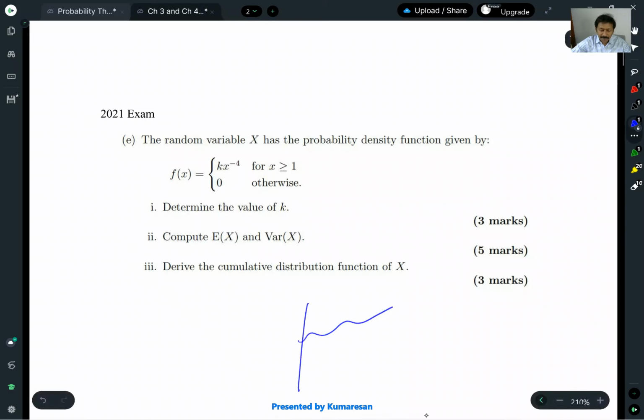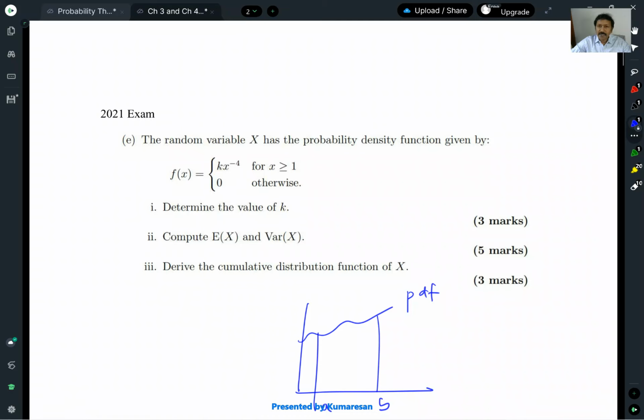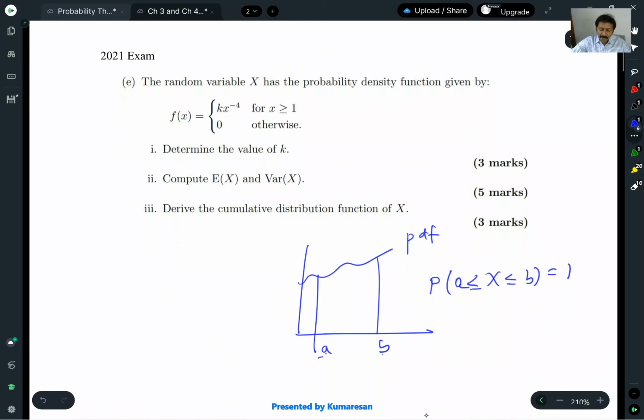Suppose this is the probability density function, PDF, that you are given, which is defined between a and b. The function, which is used to find the probability, is defined between a and b, which means that the total probability of x taking a value between a and b will be 1, and the probability is found by integrating the function between a and b, because that is what gives us the area under the curve between a and b.